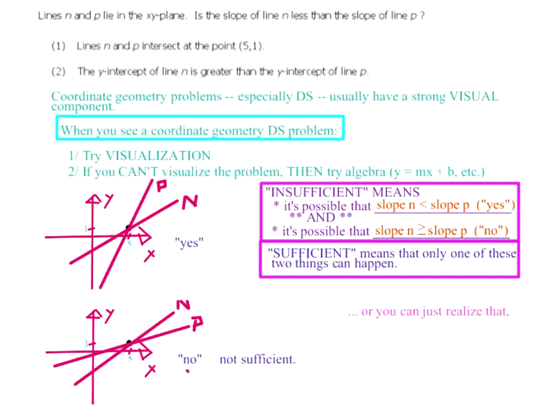You don't have anything that would determine a slope at all. If you realize that, then you can skip even having to find these cases because you know that the slopes can be anything at all. If that's all you have, then P and N can have any slopes at all in the world.